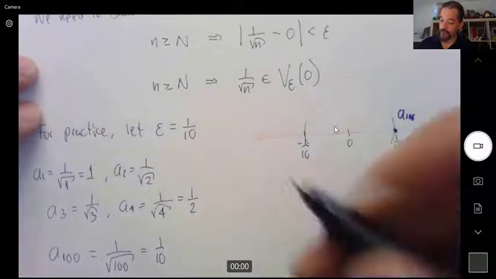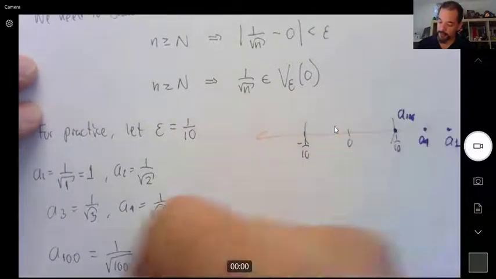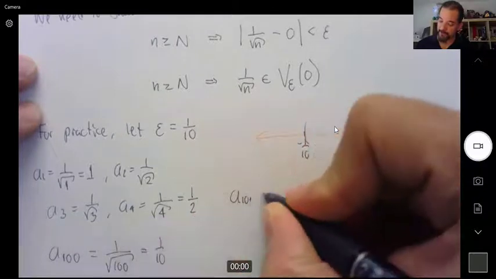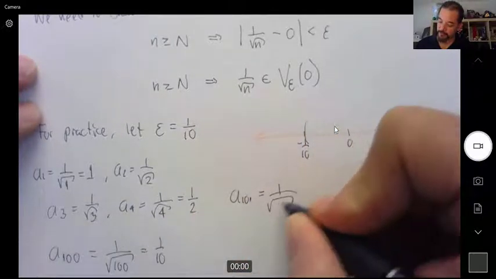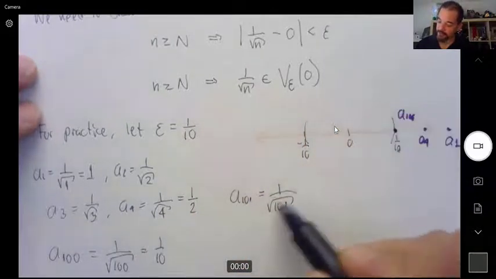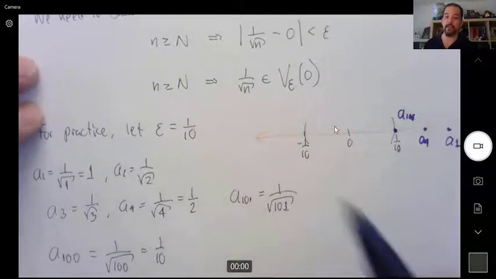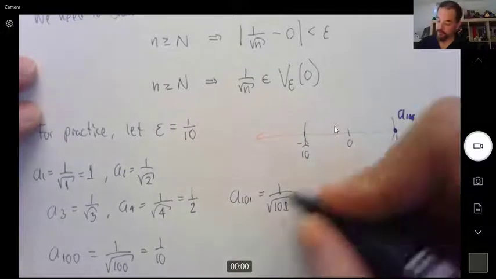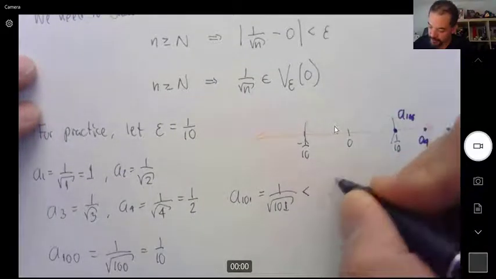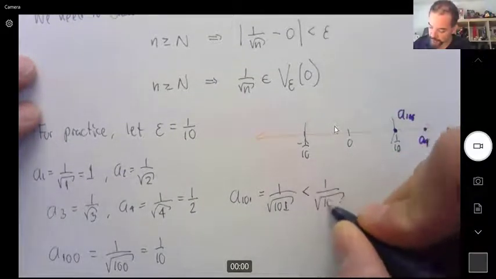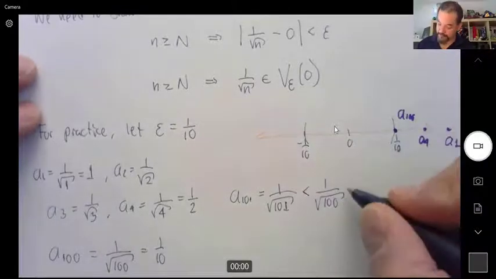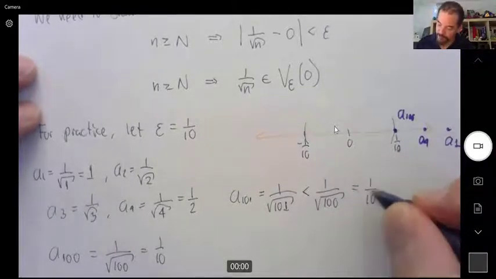So if we pick A sub 101, that's going to be 1 over the square root of 101. And this number is bigger than 10, right? Because the square root of a bigger number is even bigger. So this number for sure is less than 1 over the square root of 100, which is 1/10. So this number works.